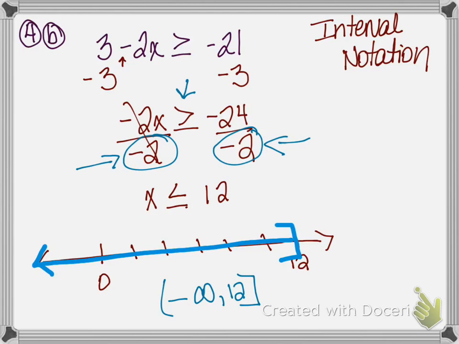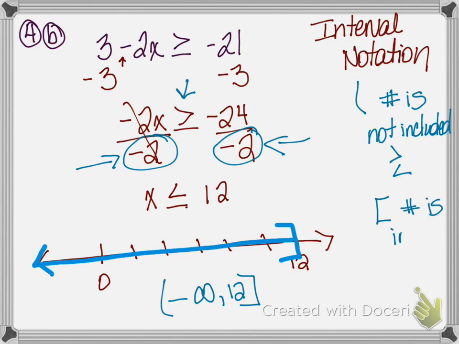So that is interval notation. So remember, you use parentheses when the number is not included, that's when you have greater than or less than sign. And you use brackets when your number is included, and that is when you have greater than or equal to or less than or equal to.